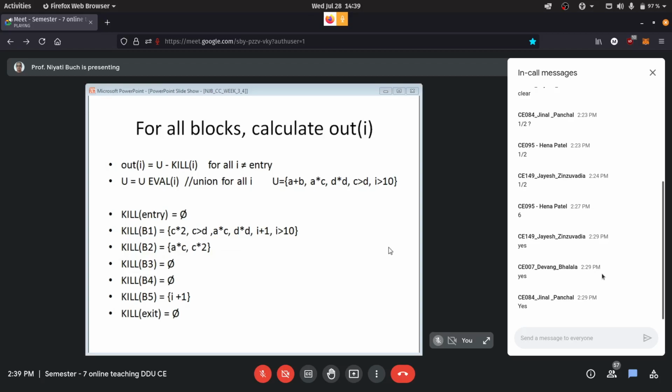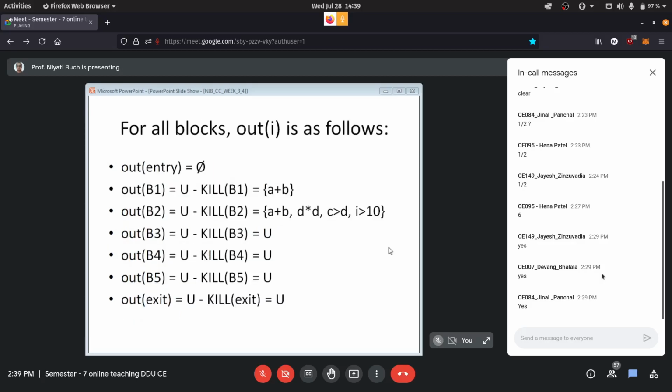If this is done, I'm changing the slide and moving on to computing the outset for all the blocks. For that, we take U minus kill of that particular block. Do it on paper, in your books, and see if you are getting all these answers.